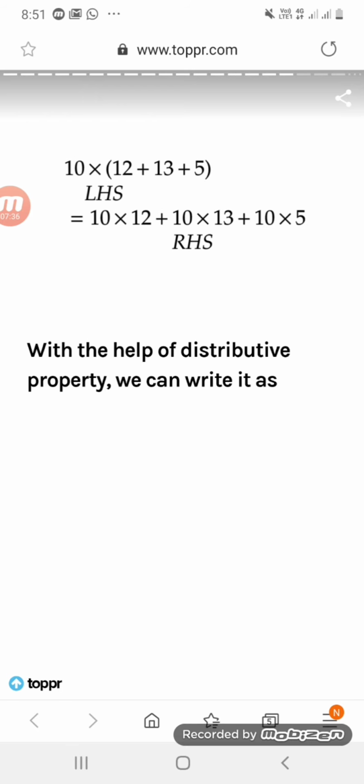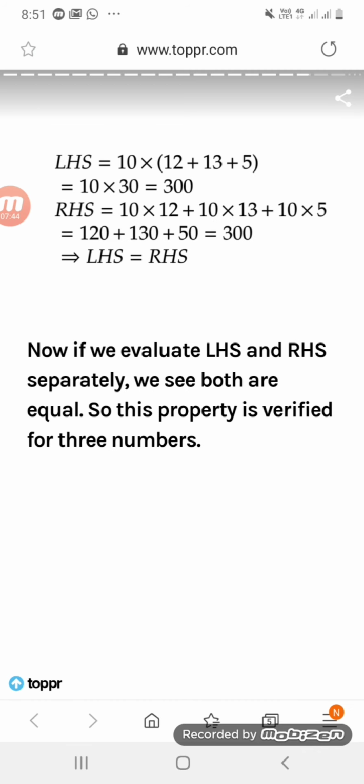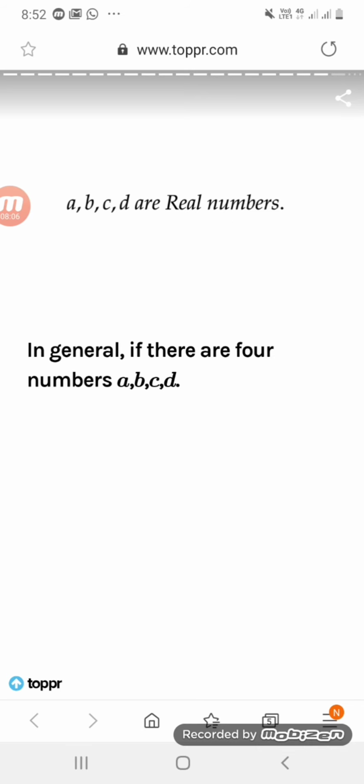What happens? 10 into 12 plus 10 into 13 plus 10 into 5, which is 120 plus 130 plus 50, which is equal to 300. And 10 into 30 is 300. So if we evaluate LHS and RHS separately, we can see both are equal.